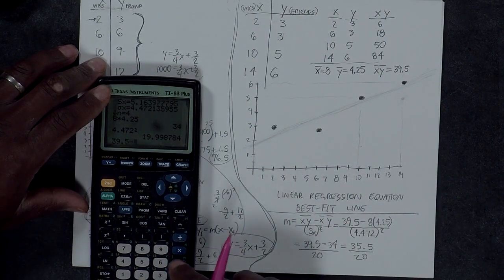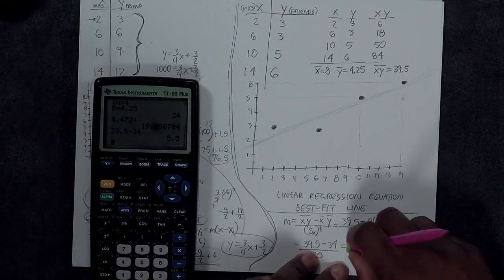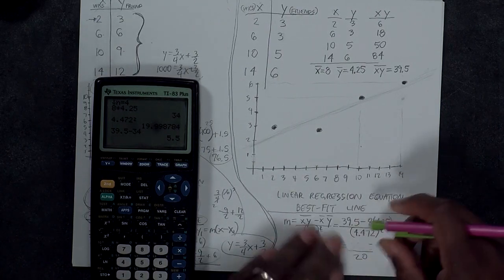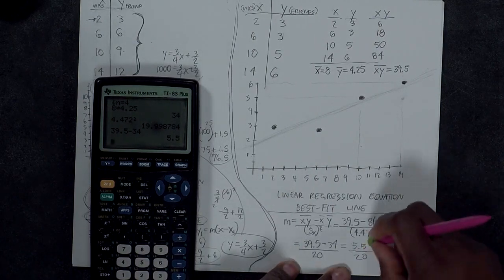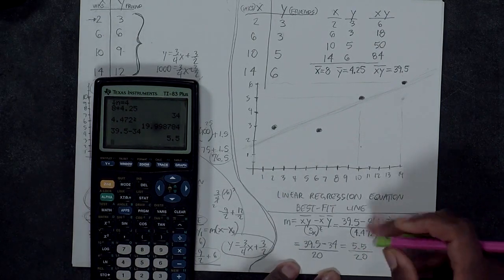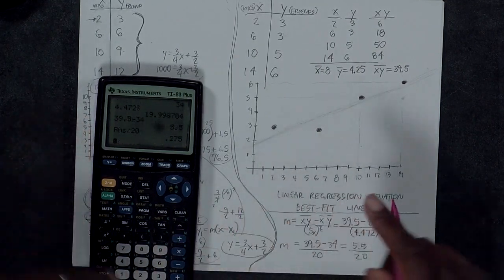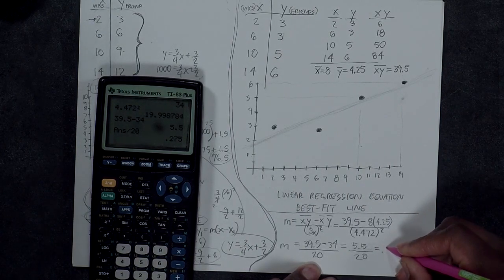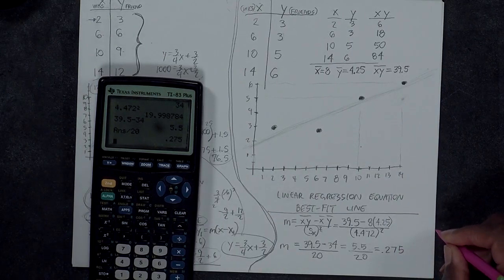That's 5.5. Embarrassing, sorry about that. 5.5. And then we divide by 20, and we end up with 0.275.